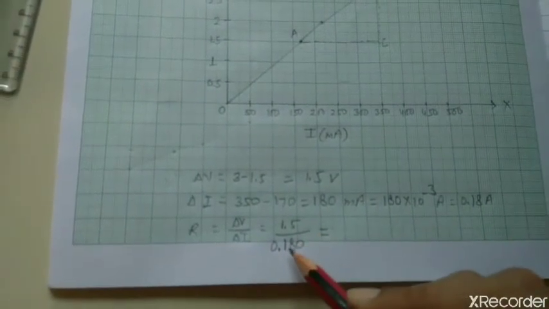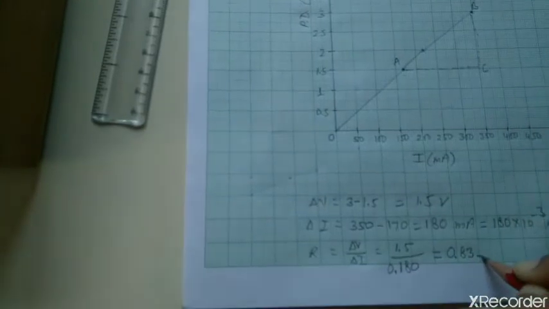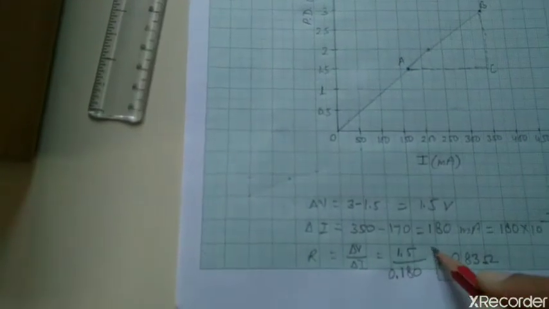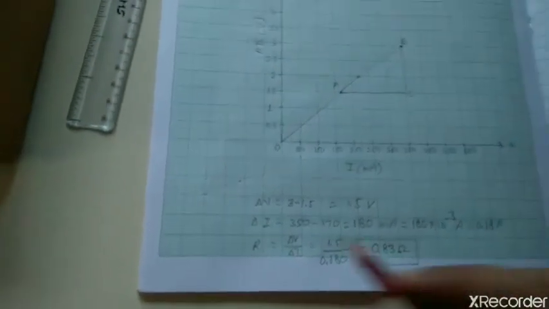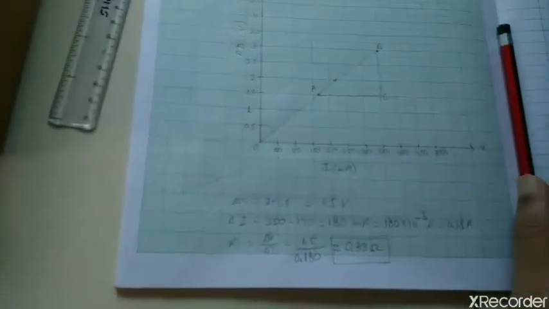So 1.5 divided by 0.18 equals 0.83 ohms. So the resistance of the resistor used here is 0.83 ohm. Okay, so we can do this by taking the difference of two corresponding readings of V and I.